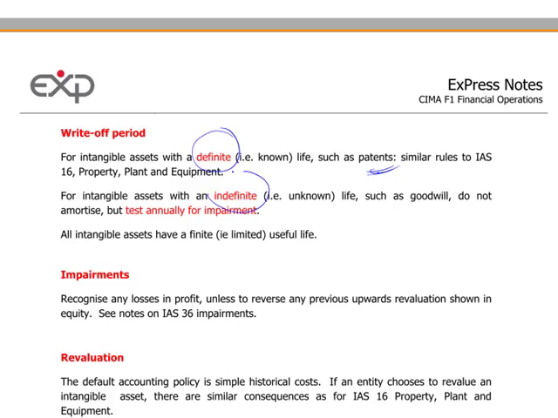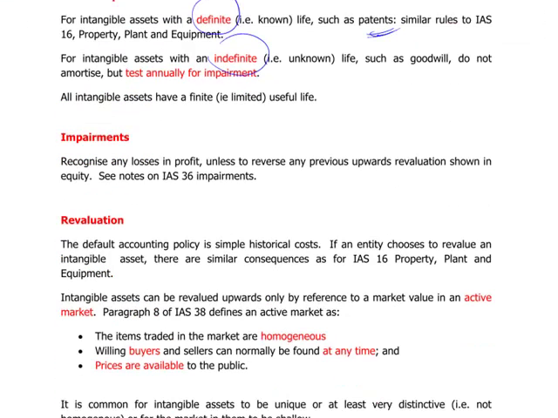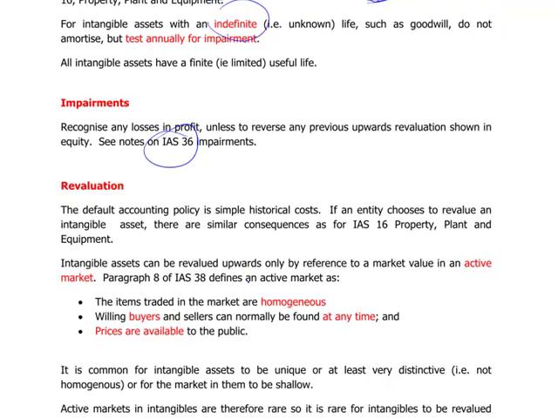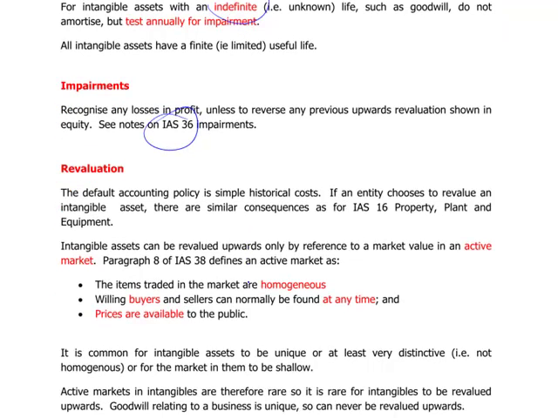However, in this standard, you have intangible assets with indefinite life, as we saw with goodwill, and then you have the impairment test. You don't have amortization. In terms of impairments, remember the standard, and we'll talk about IAS 36 very soon in the next video. In terms of revaluation, you've seen there are certain situations where it's quite different than IAS 16, which allows a choice for revaluation.